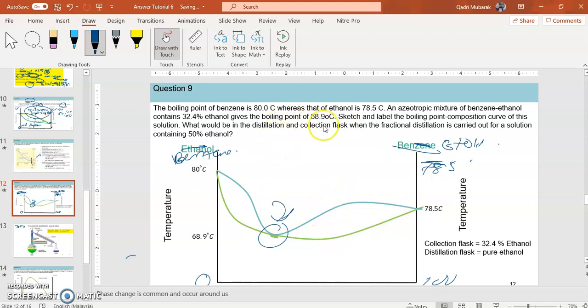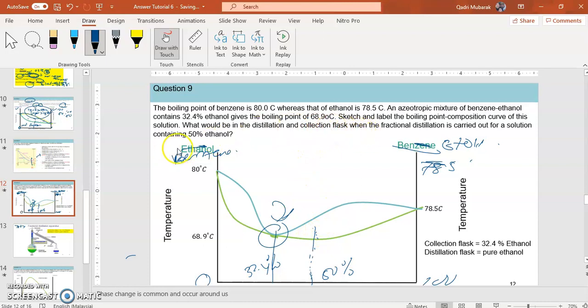And then the question asks us about what will be in the distillation and collection flask when the fractional distillation is carried out for a solution containing 50% of ethanol. So maybe here 50% is like this. Here we know that this one is 32.4%, and here is 50%. When we sketch, we get this kind of graph.